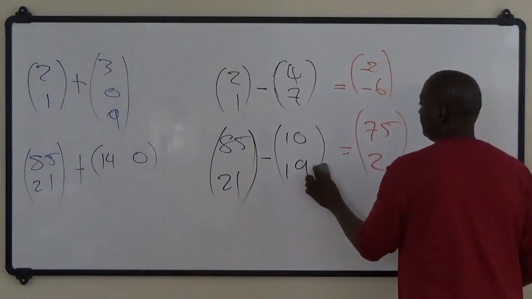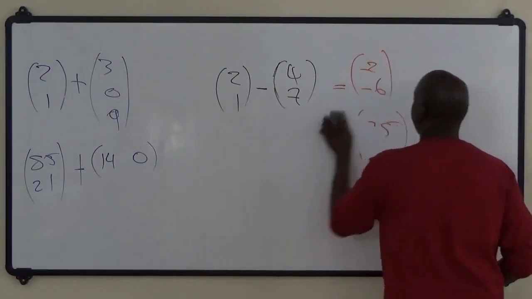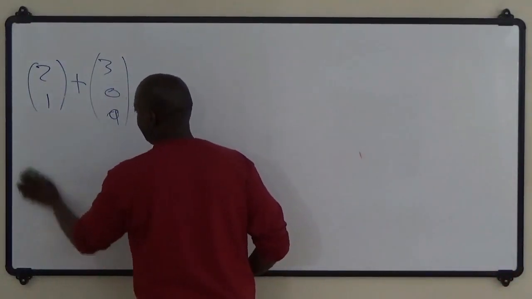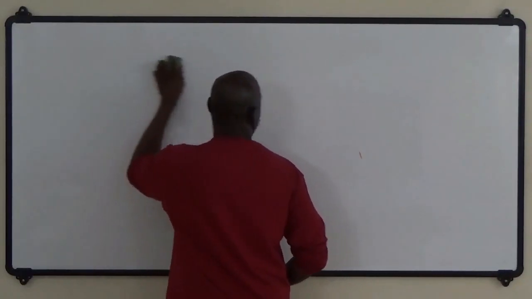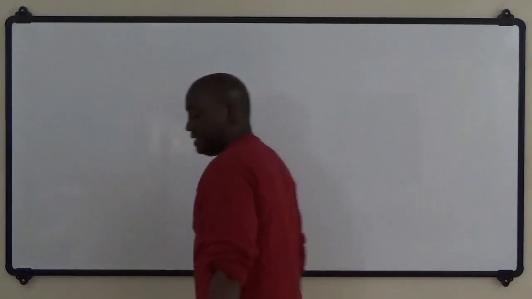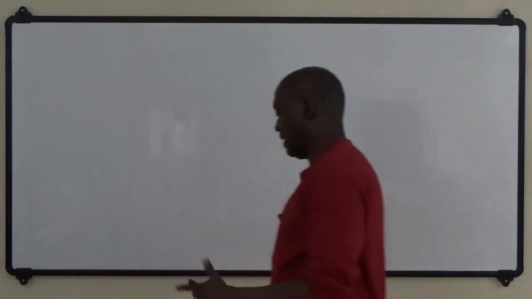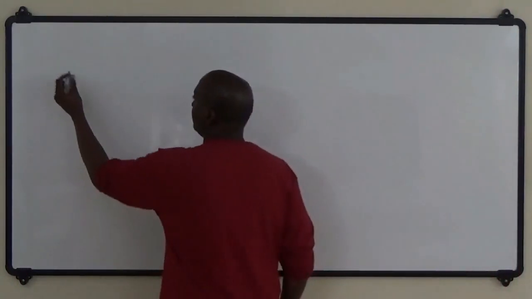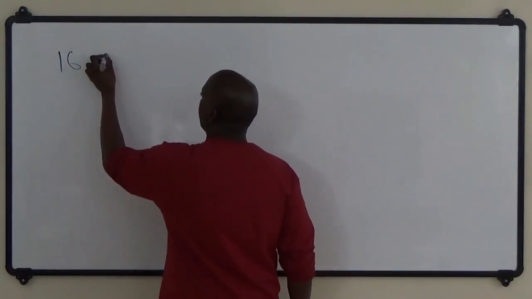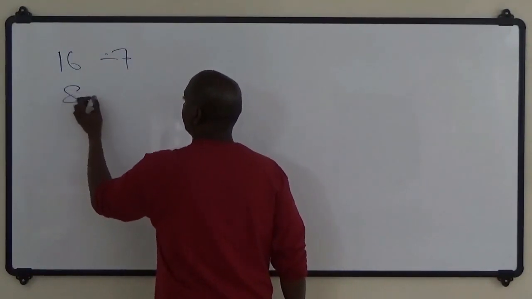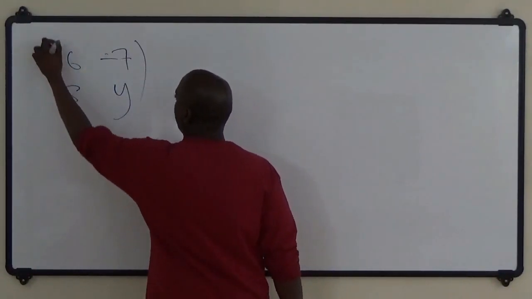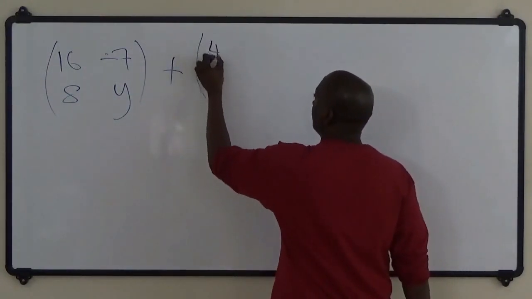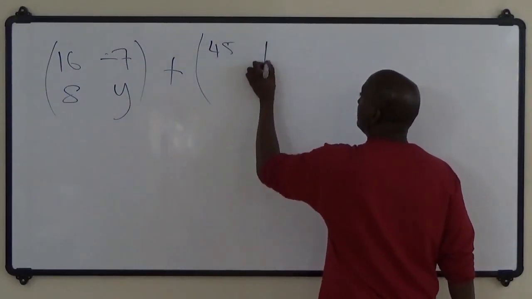So for example, you might get a situation where they tell you, let me use 2 by 2 matrices. They might say, for example, 16, minus 7, 8, y. So I have one unknown there, plus 45, p.